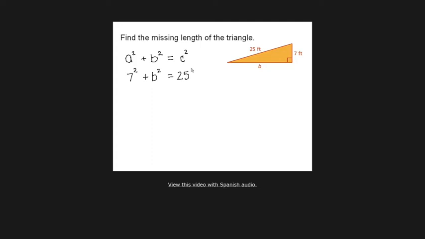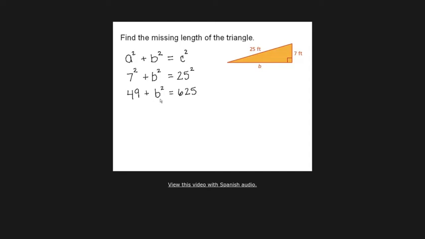So we have 25 squared, so that we can solve for B. 7 squared is 7 times 7, which is 49. Then we keep B squared, and that's equal to 25 squared, which is 25, times 25, and that's 625.